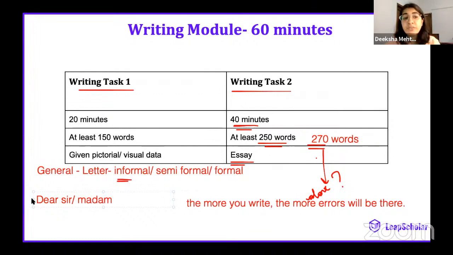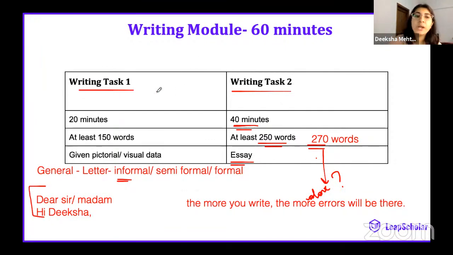But if you're writing an informal letter, you can just write hi Deeksha or hello Deeksha, right? Similarly, your closing line should also correspond to the tone of your letter. If it's formal, it needs to be formal throughout, right?